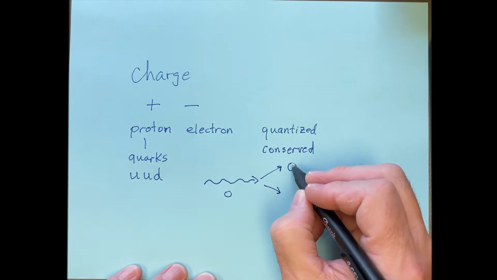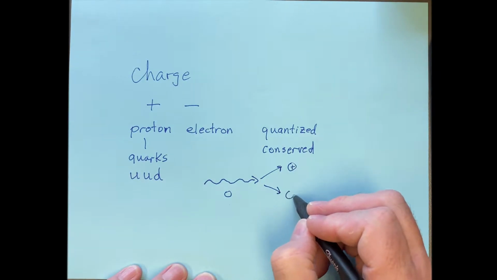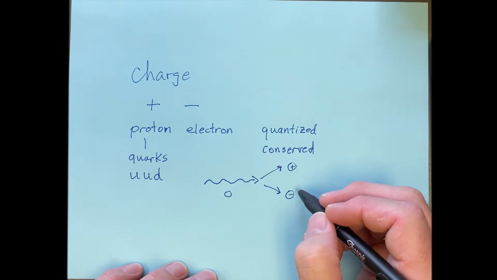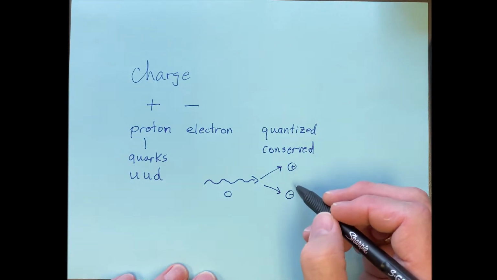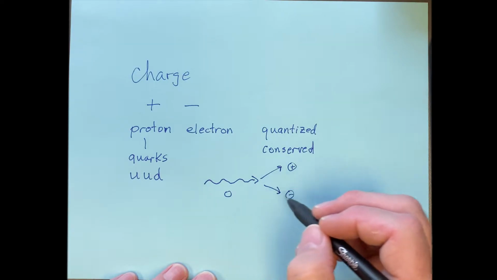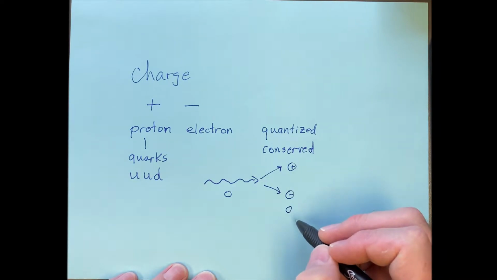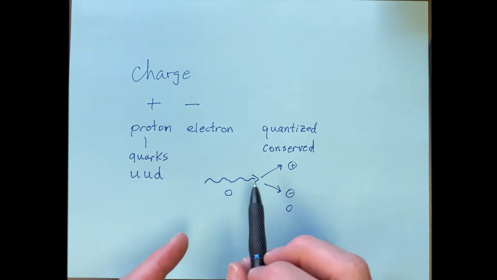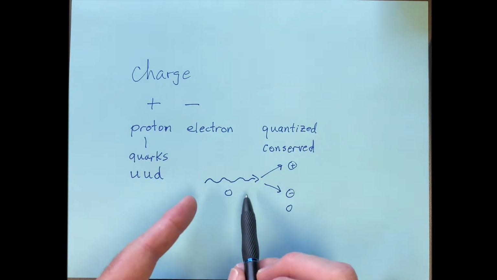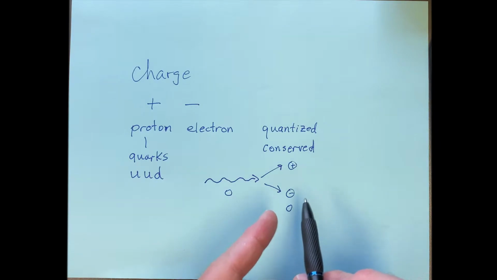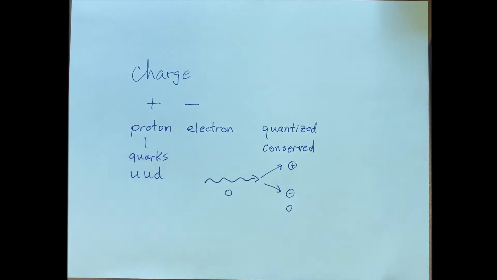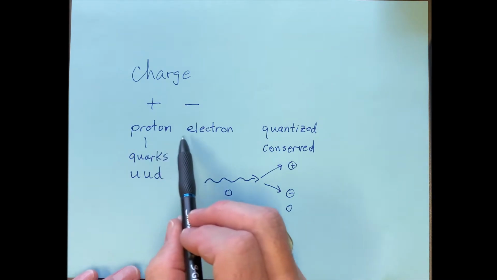And in that case, they must generate positive and negative charges in equal amounts, so that the total amount of charge is equal to the same that it was before, 0. So that's not really the creation of charge out of nothing. That's a transfer of energy from photon energy to electrical energy, but the total charge is the same before and after. Okay, let's get back to our protons and electrons here.